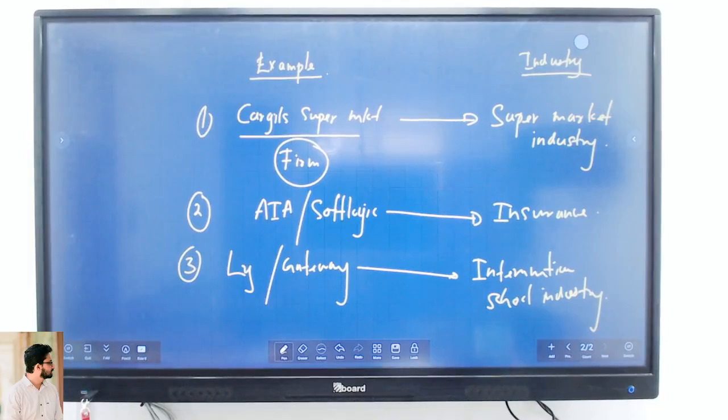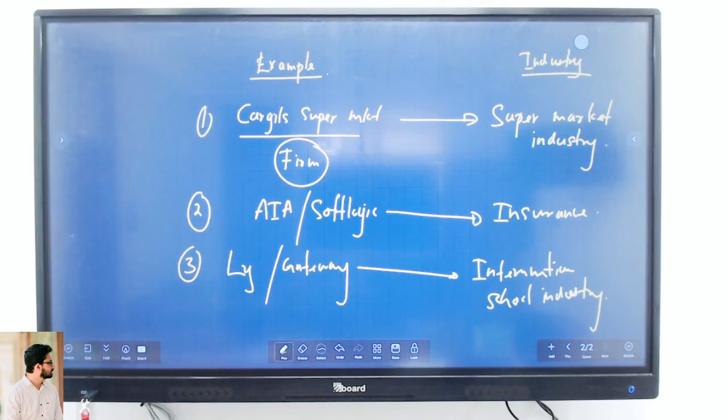That is called business. One firm. Every firm belongs to a certain industry, every firm belongs to a certain market. The industry is the collection of all firms that are engaged in producing similar goods.